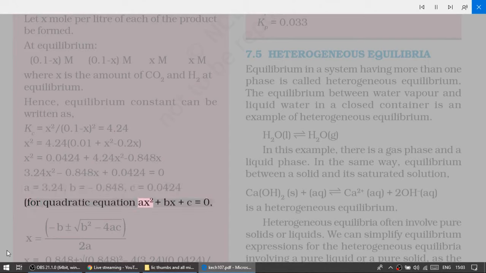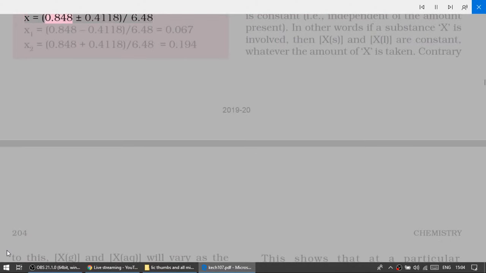For the quadratic equation ax² + bx + c = 0, x = (−b ± √(b² − 4ac)) / 2a. So x = (0.848 ± √(0.848² − 4 × 3.24 × 0.0424)) / (3.24 × 2) = (0.848 ± 0.4118) / 6.48. x1 = (0.848 − 0.4118) / 6.48 = 0.067; x2 = (0.848 + 0.4118) / 6.48 = 0.194.